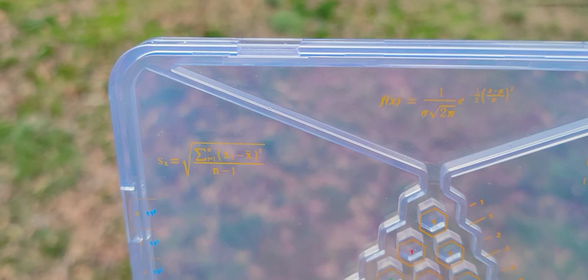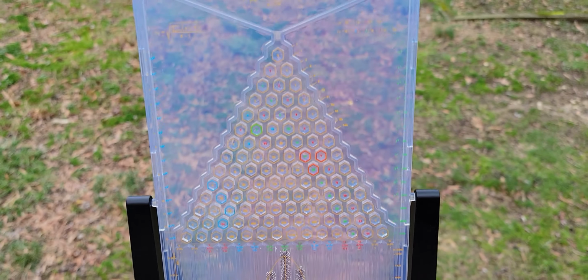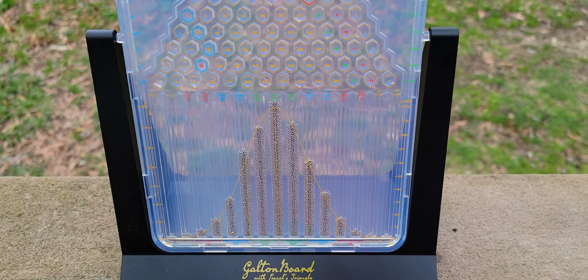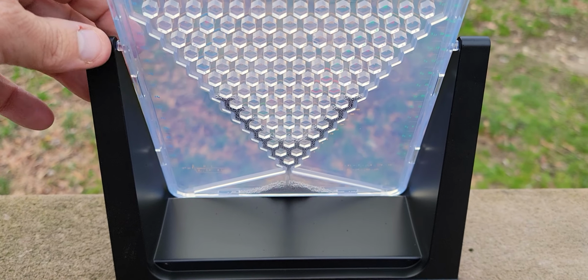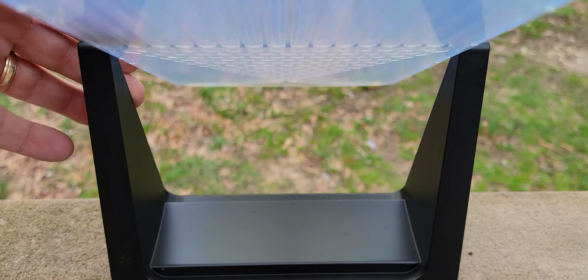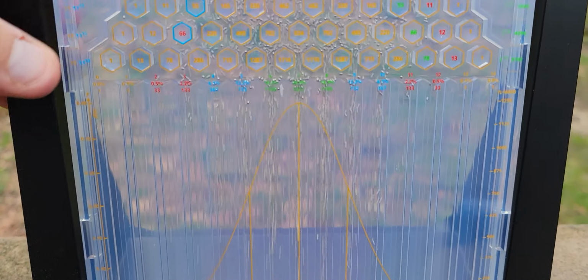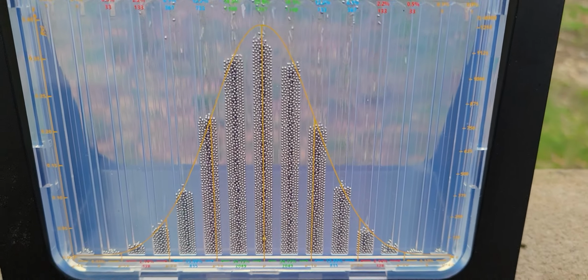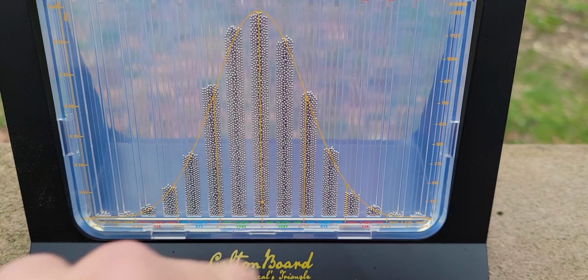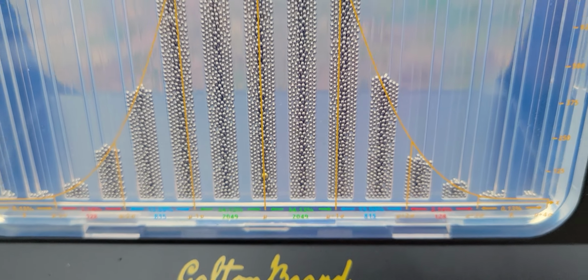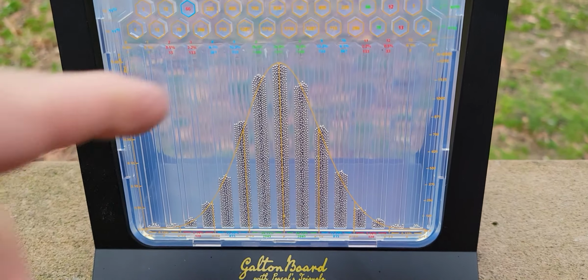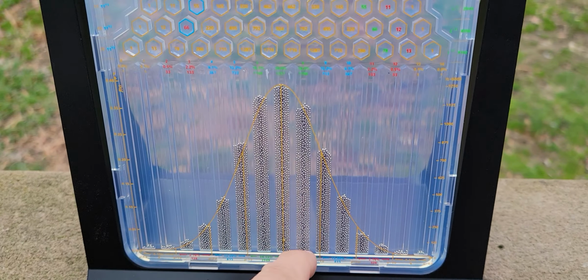So intuitively, if we look at this cascade of ball bearings, I'll reset it. If we look at that cascade, and they're coming down, on average, they'll be right about here. So you can see, on average, most of the balls in this situation end up in this range.